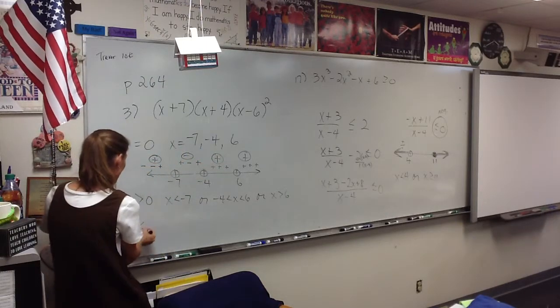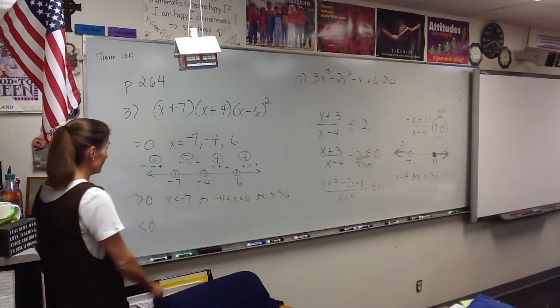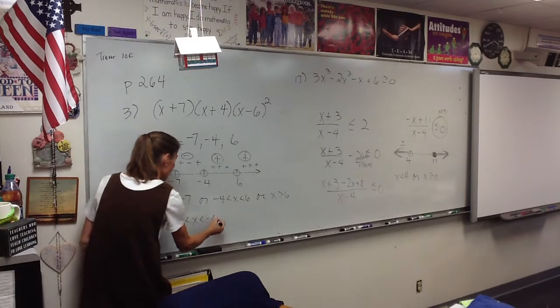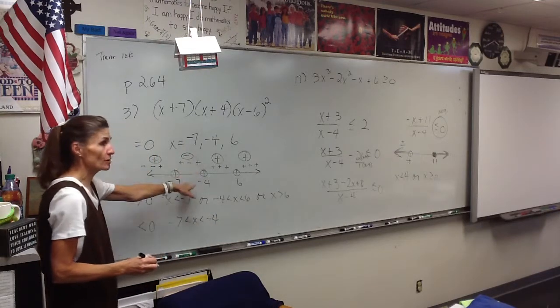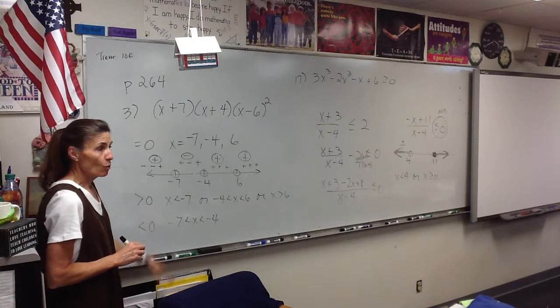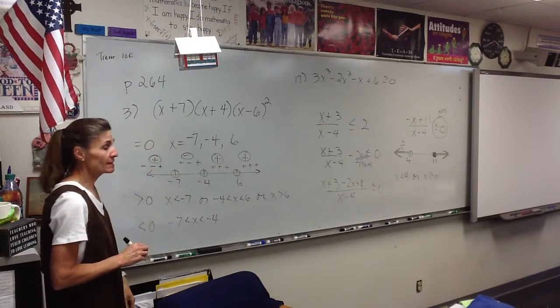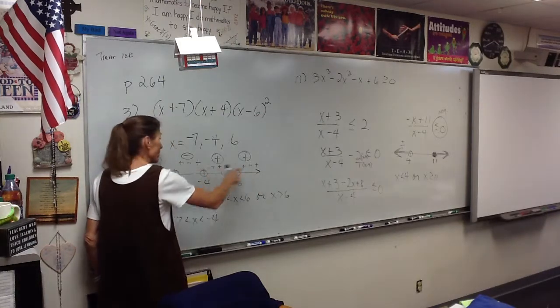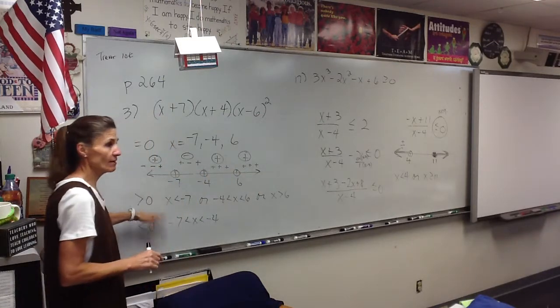And then where is it less than 0? Where is it negative? Only between -7 and -4. That's the only section that came out negative. So what that section of problems is asking you to do is simply figure out everything that's positive or negative and then make a list of it.